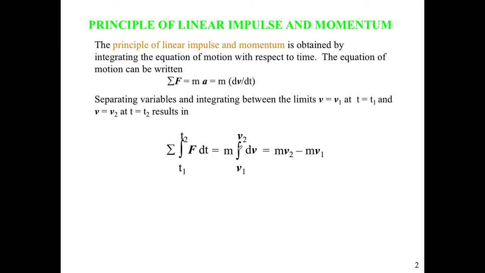So the mass just can be taken outside the integral, and all I'm left with on the right hand side is just the integral of dv going from, or apply कर देते हैं हम limits, okay, maybe time t1 जिस पे v1 है, and then going at a later time t2 we've got a velocity v2. So that if I integrate this, this is just m times v, or v if I input my limits, I just get this right hand side mv2 minus mv1.